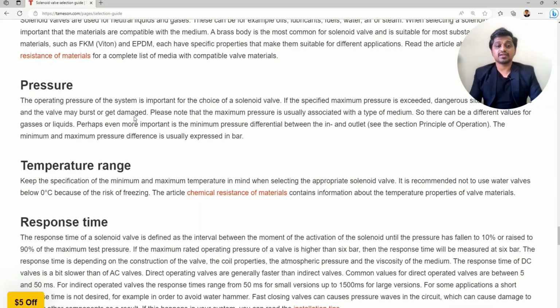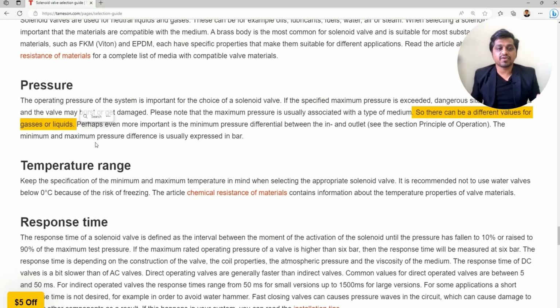The pressure plays an important role. Like we have seen, there are different types of solenoid valves: the direct operated, then we have pilot operated, semi-direct operated. So all these valves have different pressure requirements. The pilot operated valve requires some kind of pressure differential maintained over the system. So that's why we should know what are the pressures of the system, and how the pressure is getting dropped across the system, what are the pressure losses.